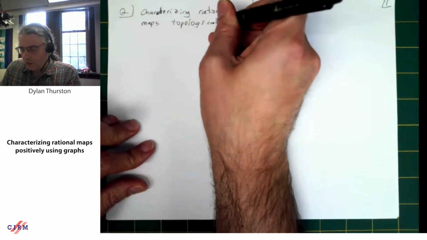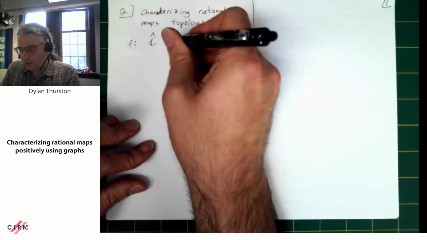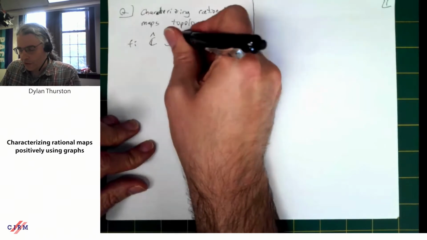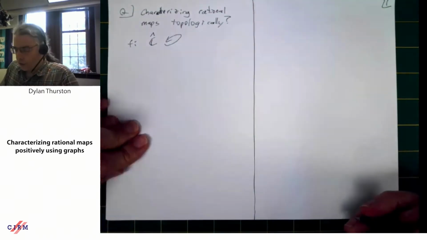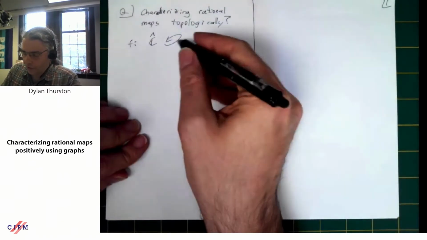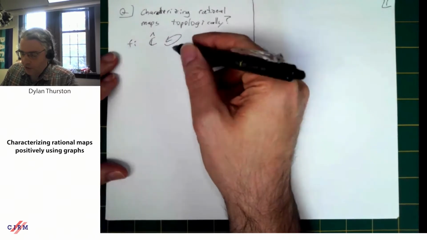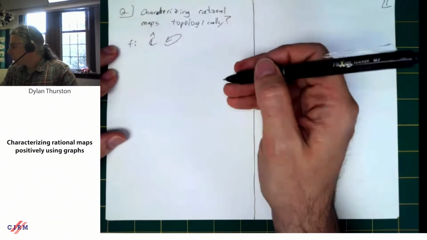So what is a rational map as a topological object? It's some map from the Riemann sphere to itself. And you want to extract some topological data and see to what extent that determines the map.